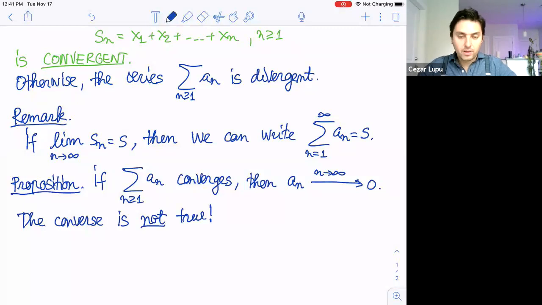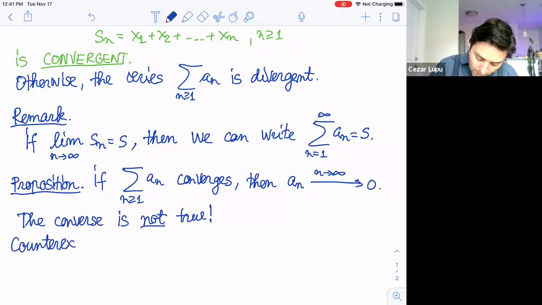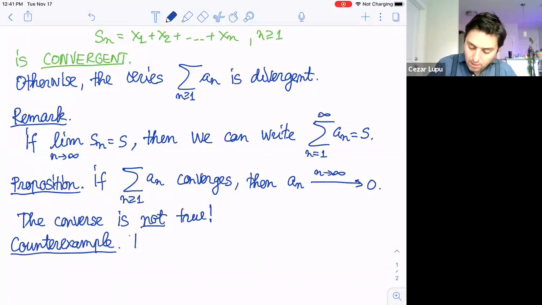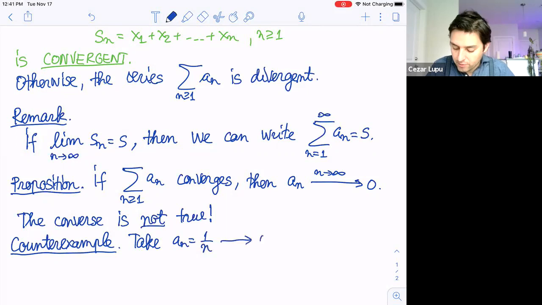Okay. And the counterexample is quite clear. Take an to be 1 over n. This clearly converges to 0 as n approaches infinity.